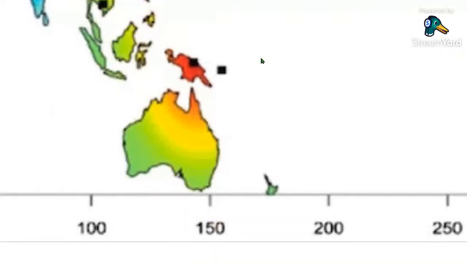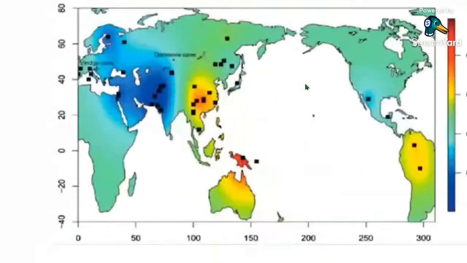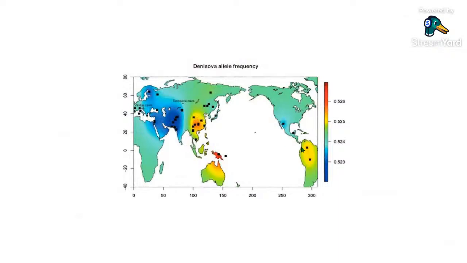So see, this is not real accurate. You can see the squares are the tested people. So they just tested people as to their percentages. Of course, a lot of people were tested here, and it's basically showing where people that don't have either Japhethite DNA or Hamitic DNA, which seems to be what the Denisovan population consisted of, a mix of Japhethite and African.